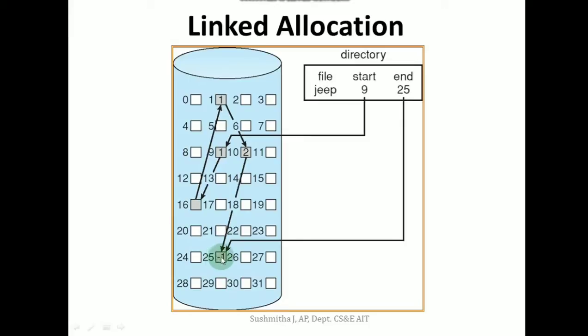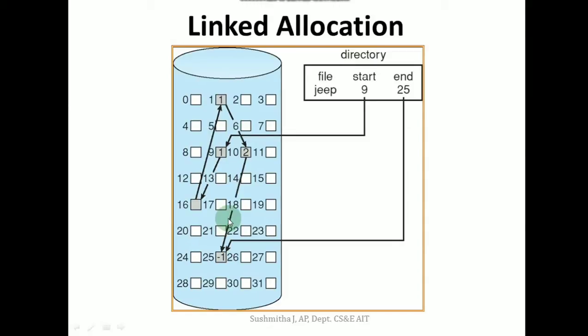And here the -1 indicates the end of file. So here we have the information only about the first and the last block. From the first block we traverse to various other blocks that make up the file.